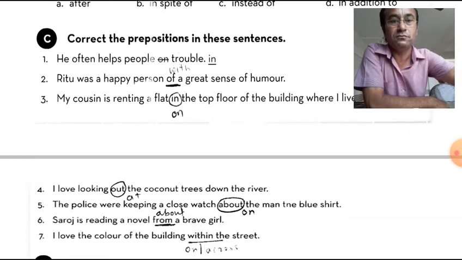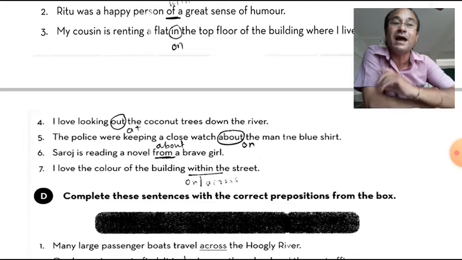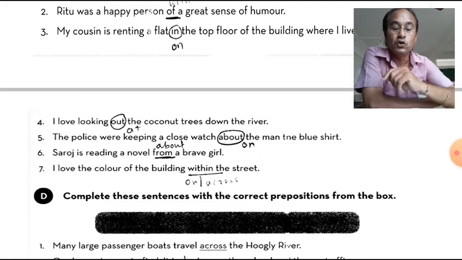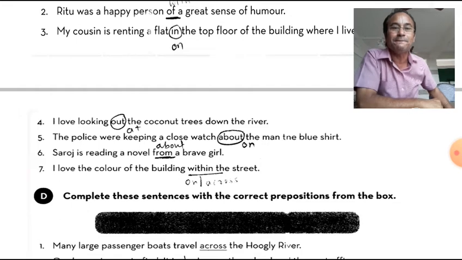Now the fourth one: I love looking at the coconut trees down the river. मतलब प्लेस पे. While looking at me, place. And that's why looking out is wrong. Looking at; don't look out me. No, that's incorrect. Don't look at me.